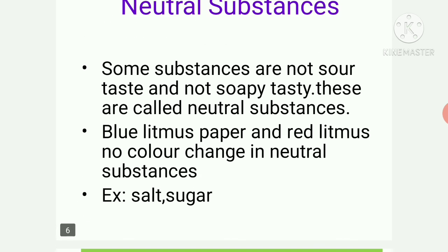So, we take some neutral substances, put them on the blue litmus paper, observe the color, no change. And put them on the red litmus paper, observe the color, no change. So, these are called neutral substances. Now, in this lesson, we learned what acids are, what bases are, and what neutral substances are.